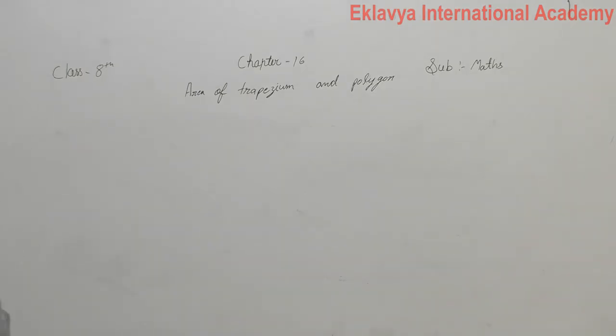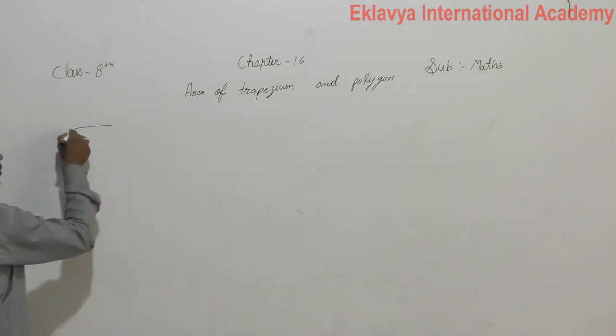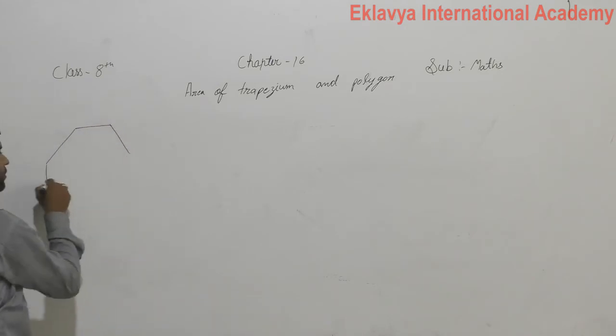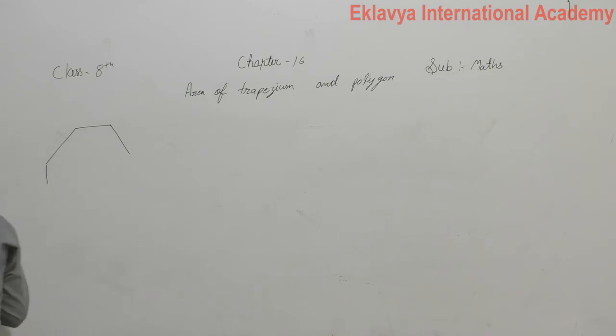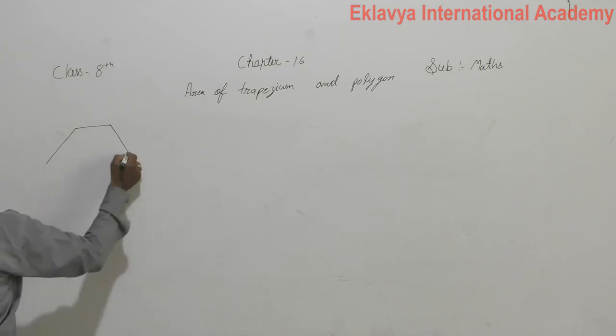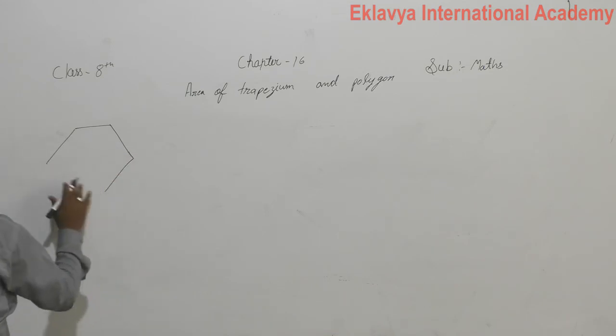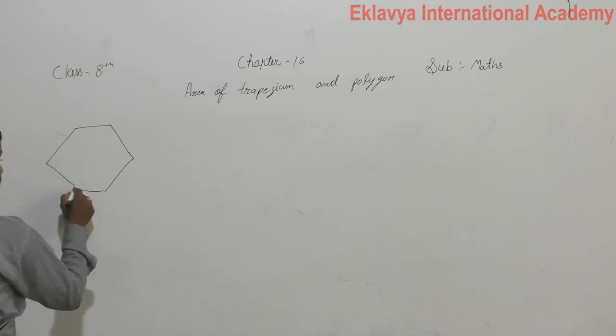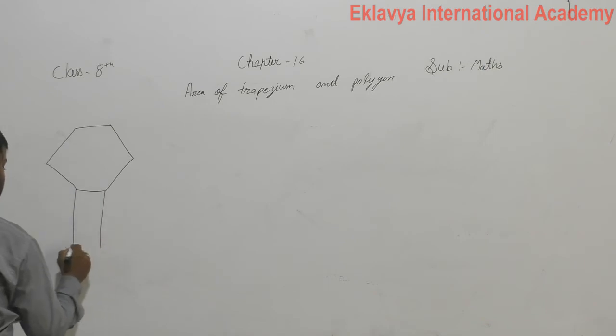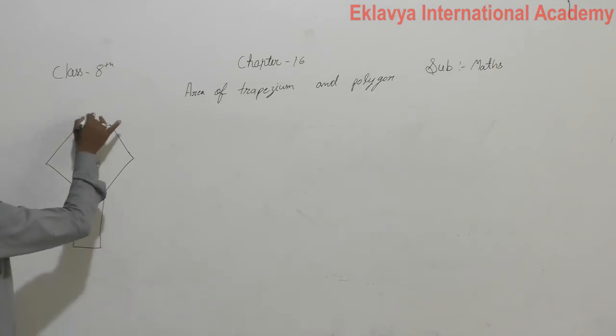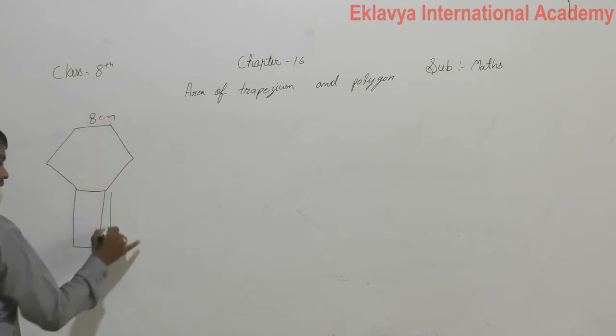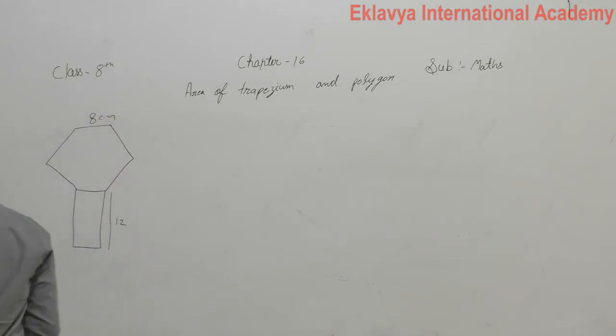First figure, here given is a hexagon. All sides of the hexagon are 8 centimeter and the second is 12 and 4 centimeter.